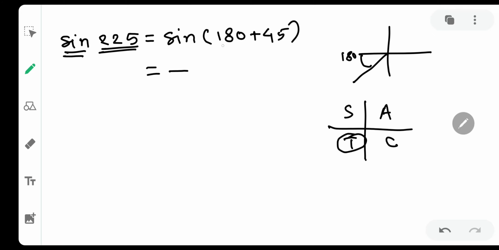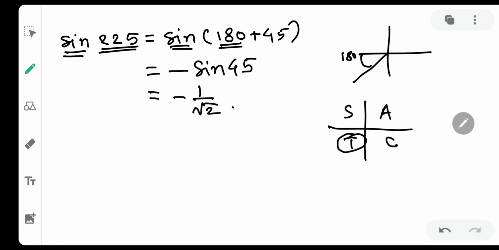Now as you see over here, the jump is 180. So your rule 3 says there is no change. It means sine will remain sine and it will be just 45. Remember that this is just a trick. We are not explaining why does this happen. Now sine 45 is a standard value and we remember it. So the answer will be minus 1 by root 2.